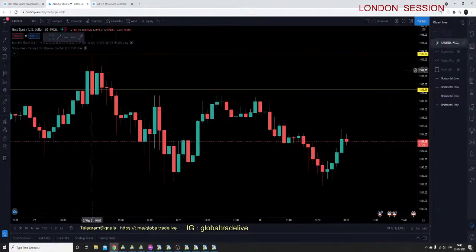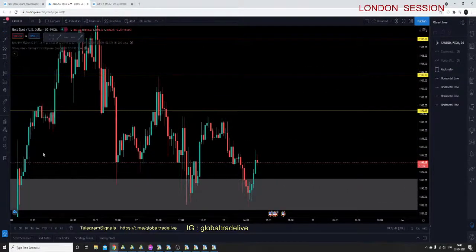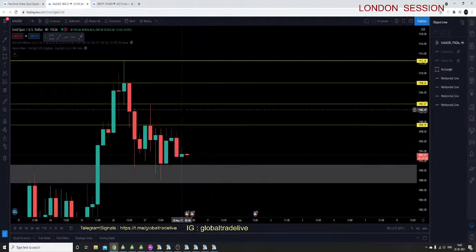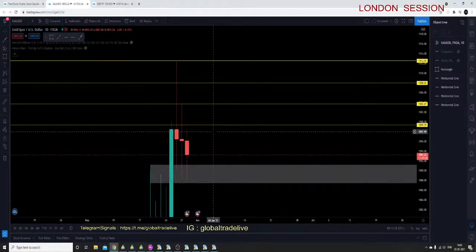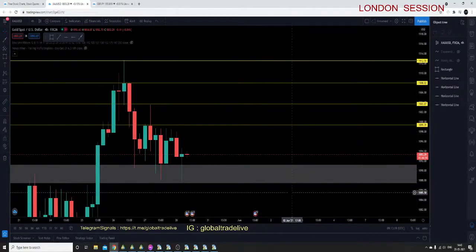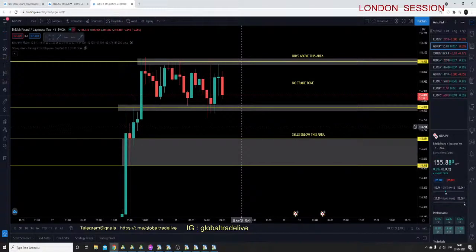So we could have broken this down to lower time frames to execute the trade. GJ is just coming down here.